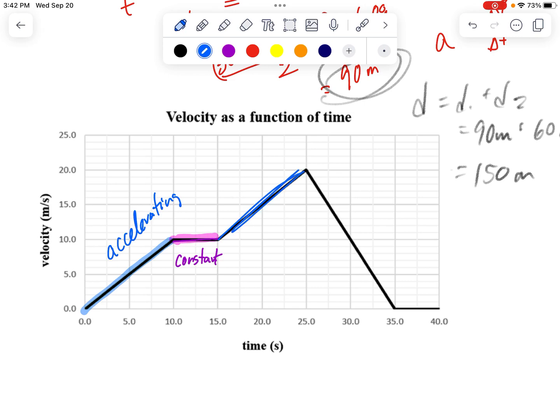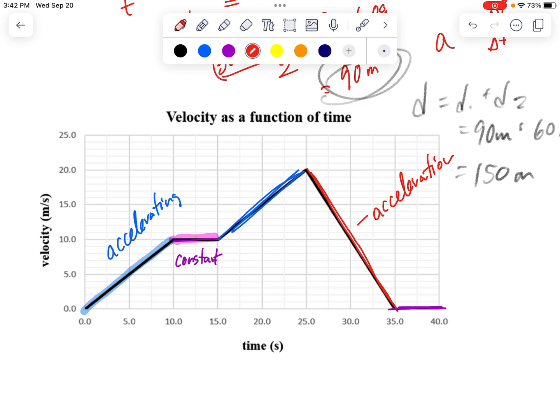Down here, it's again at a constant speed, but in this case, constant speed of 0. And in this area, you can see that it has a straight line on a velocity time graph. This is negative acceleration. So it's speeding up in the negative direction. Or I guess in this case, it's slowing down, but it's negative acceleration.